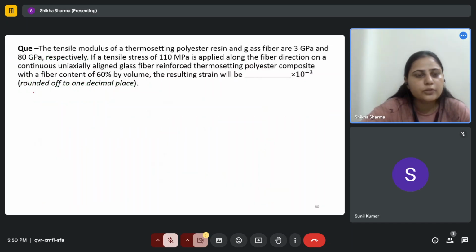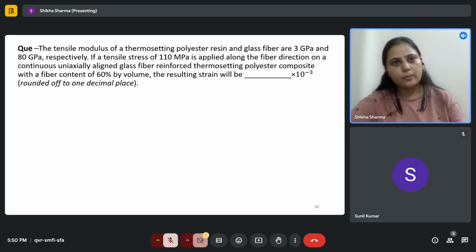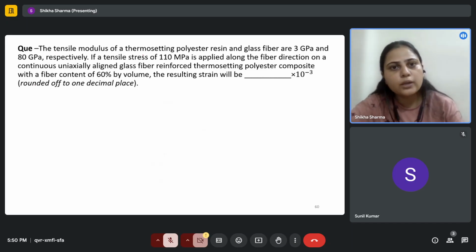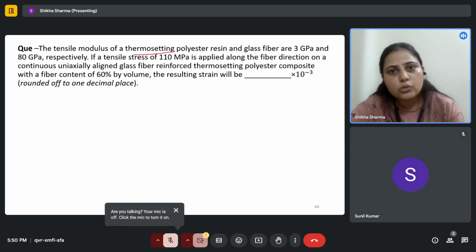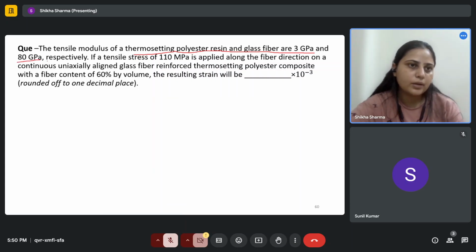Next, we need to calculate this numerical question. The tensile modulus of a thermosetting polyester resin and the glass fiber are 3 GPa and 80 GPa, gigapascal.